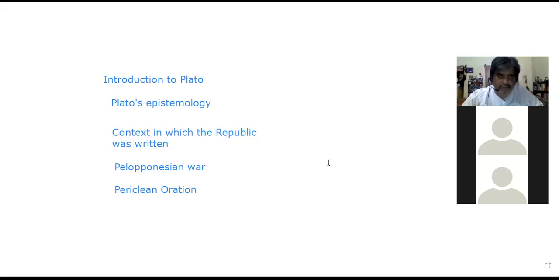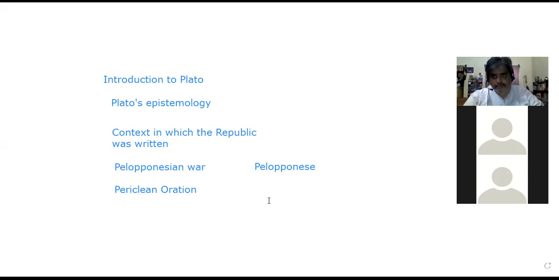Okay, so what is the Peloponnesian War? The Peloponnesian War was fought at Peloponnese. Peloponnese is where it was fought. You know, we say the Mahabharata was fought in Kurukshetra, right?